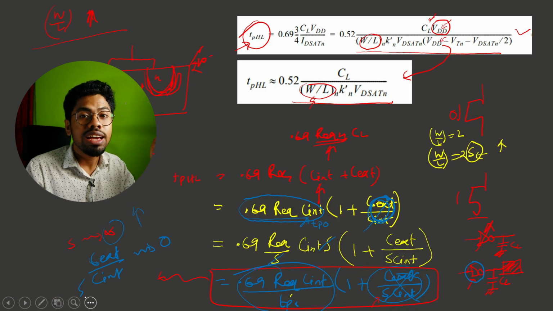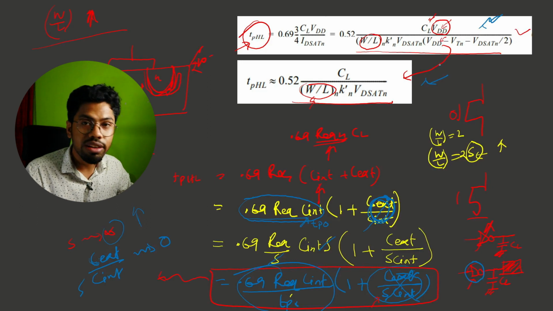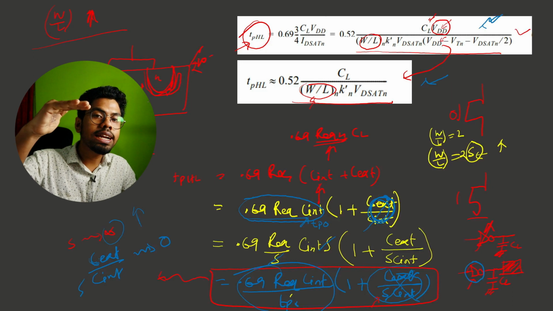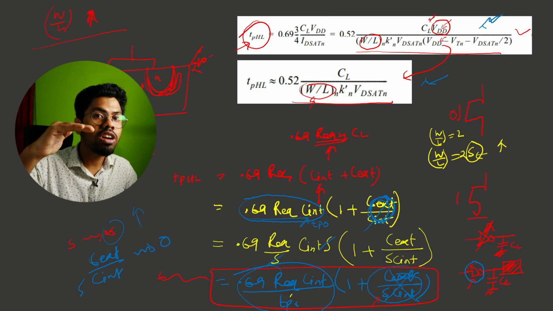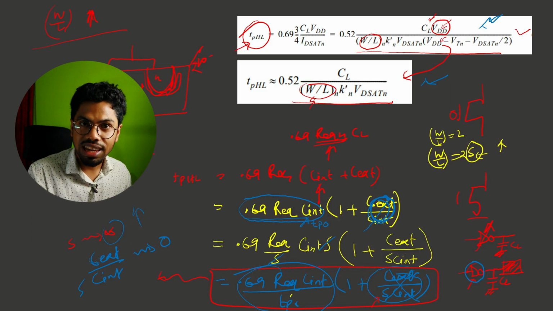This is two parts. The third part is from this equation, actually not so clear from these two equations, but you just keep in mind that yeah, if we increase the VDD, the power supply, then also we can reduce the delay.